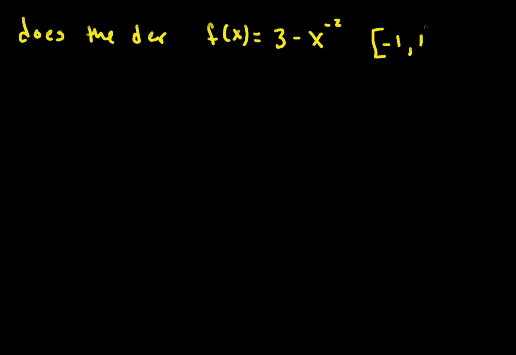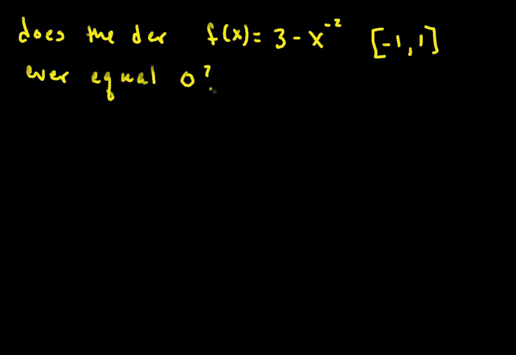Does the derivative of f of x equaling 3 minus x to the negative 2, on the interval from -1 to 1 ever equal 0? Right, so that's the question.